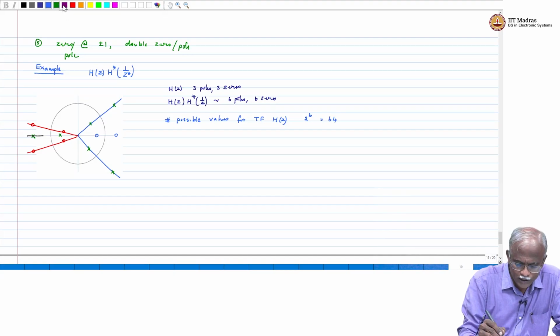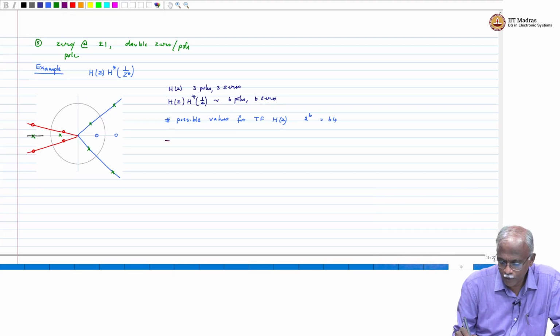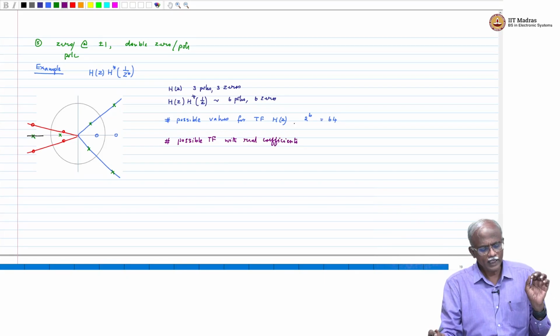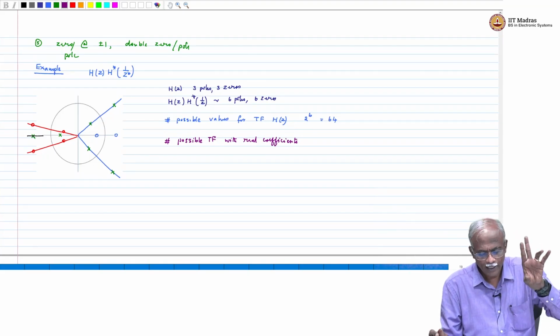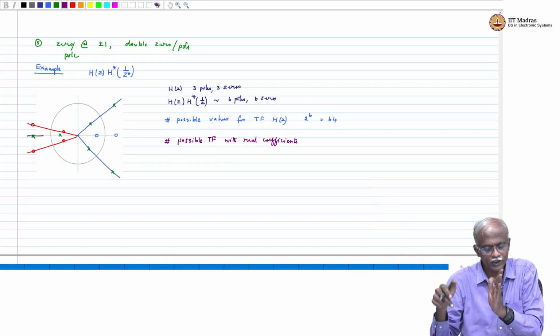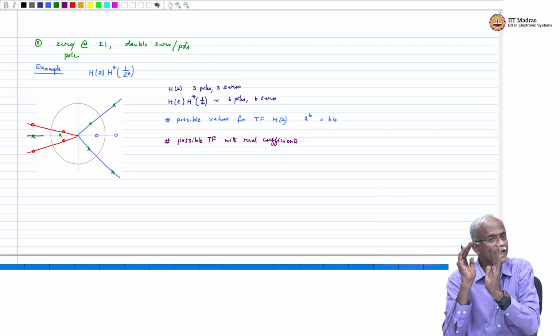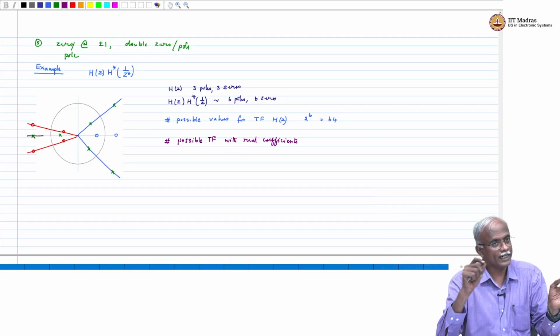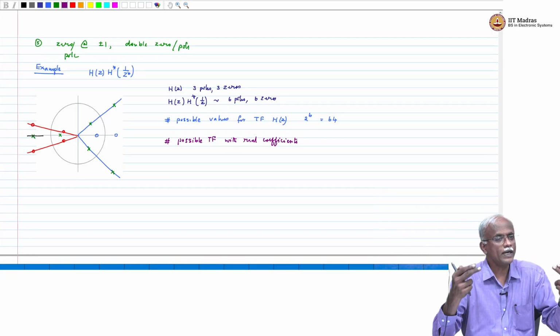Okay, so first one, if I impose the condition, the number of possible transfer functions with real coefficients. Now there is a condition that I can either take the complex conjugate pair inside the unit circle or the complex conjugate pair outside the unit circle. I have to take it as a pair. The ones on the real axis are independent, so I can treat them separately. So, how many independent choices do I have?